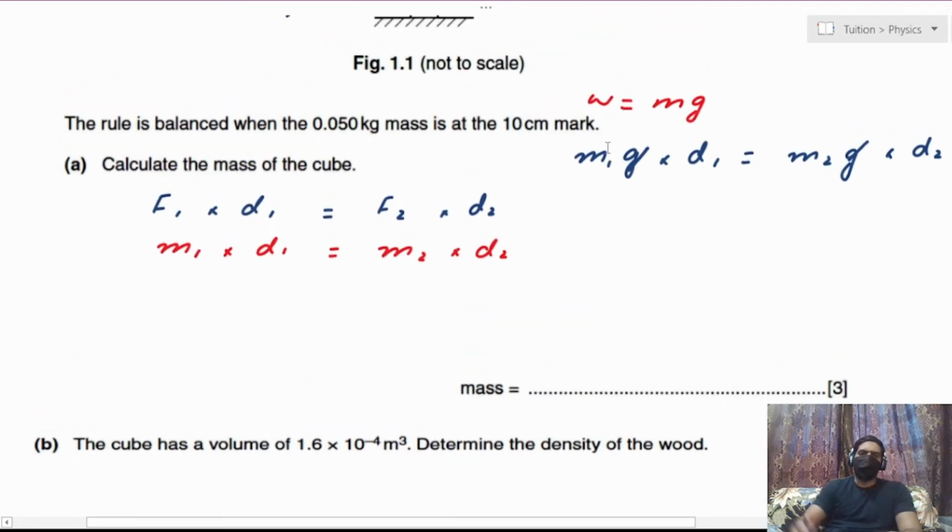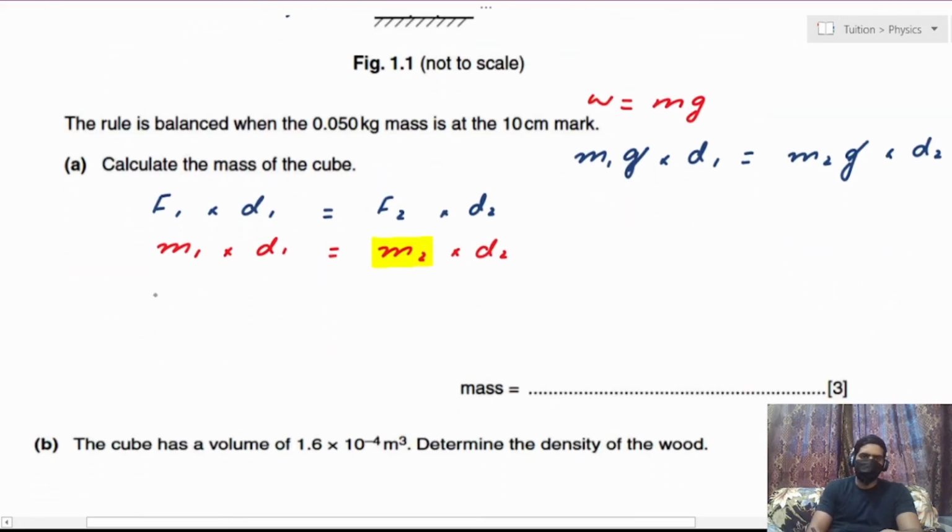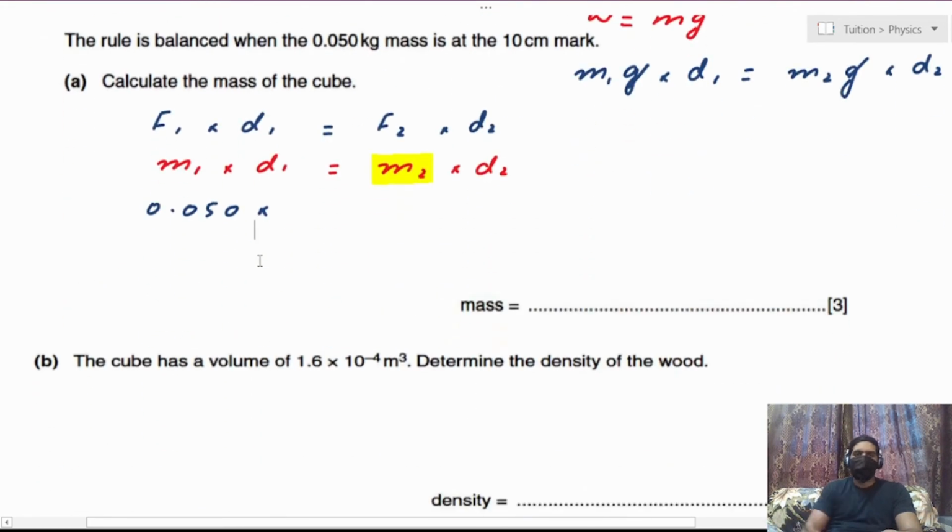So instead of writing in terms of forces, you can simply write in terms of masses, and then you can highlight m2 because we need to calculate m2. Now m1, the mass of the first one, is 0.050, times d1 which was 40.